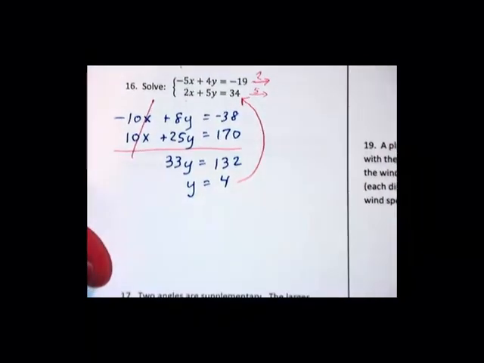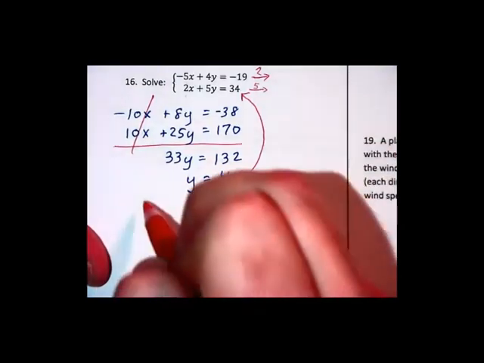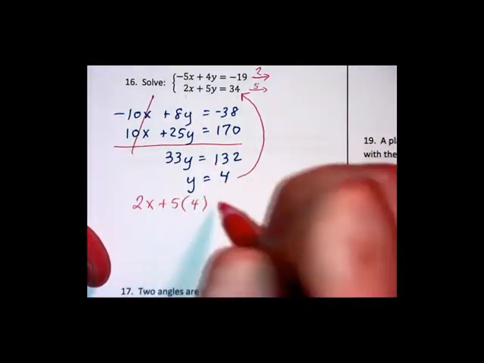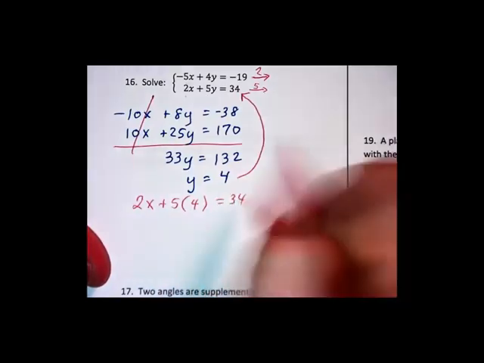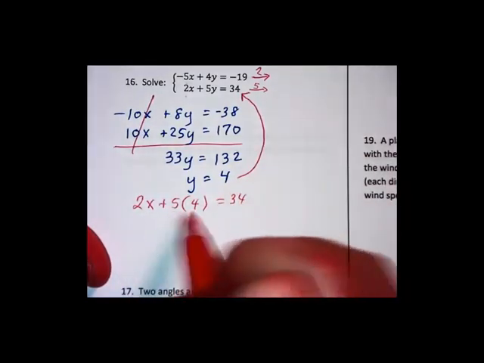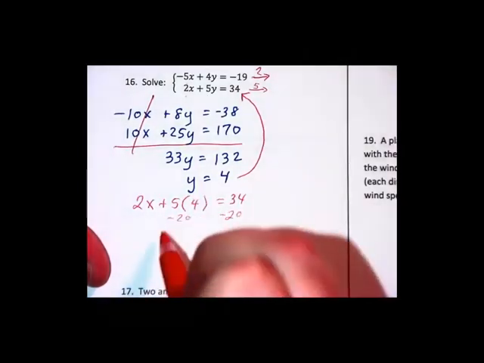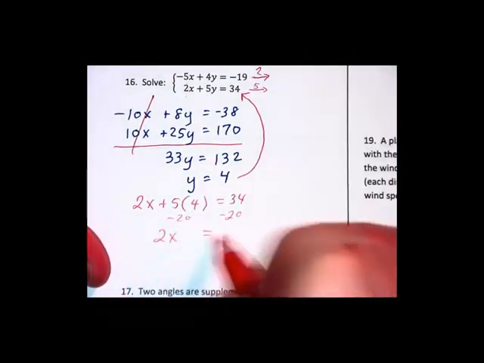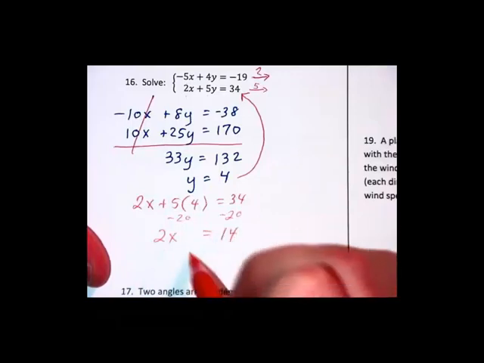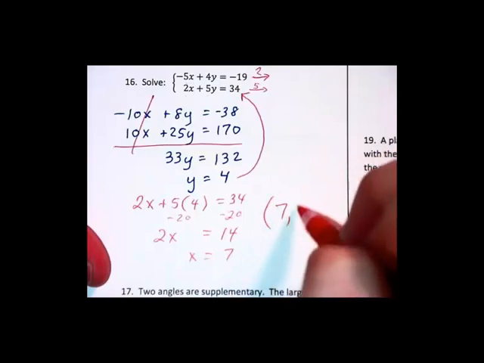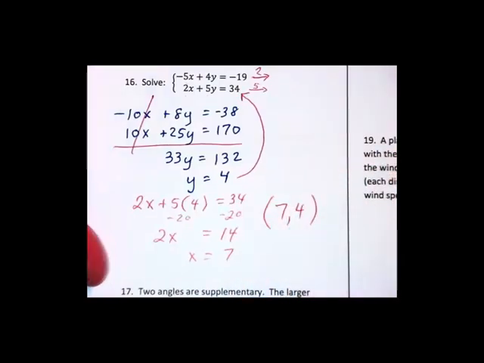So substituting in, that equation becomes 2x plus 5 times 4 equals 34. This really is a 20 with that 5 times 4, so I'm going to subtract the 20 on both sides. That will give us 2x is equal to 14. Dividing by 2 gives us 7. So the solution here is x is 7 and y is 4.